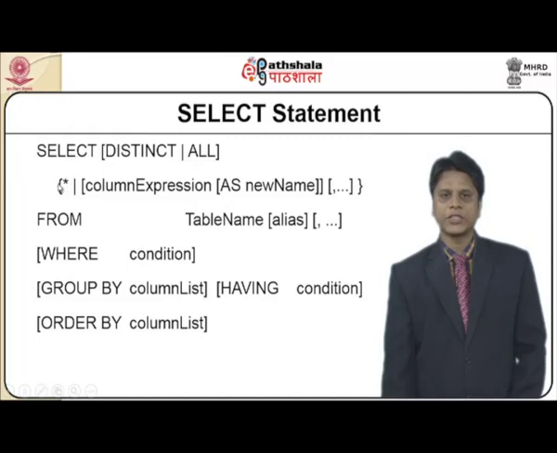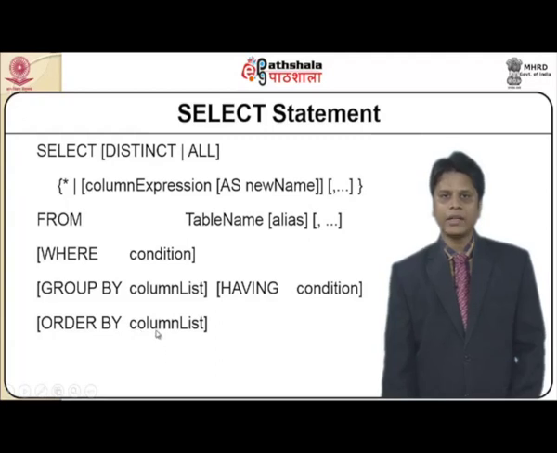Then we have a set of mandatory elements, which indicates star, either star or a column expression as a new name or something else. This depends upon the table name, relation name, etc. From a table name, alias, etc. Where a condition needs to be given, and it can even include a group by clause, a having clause with a condition, and an order by clause.